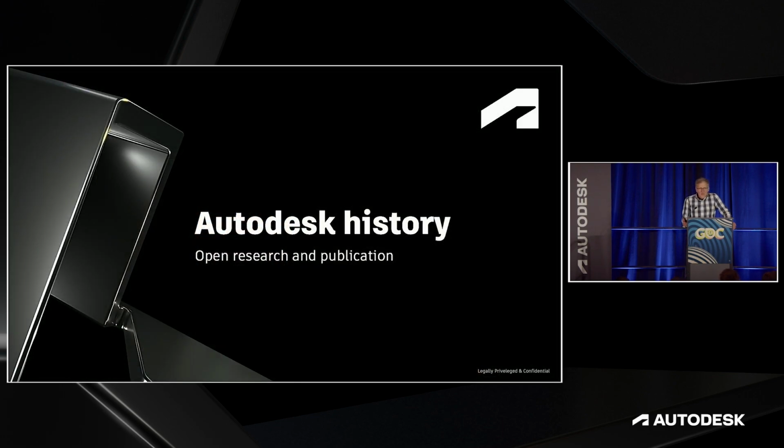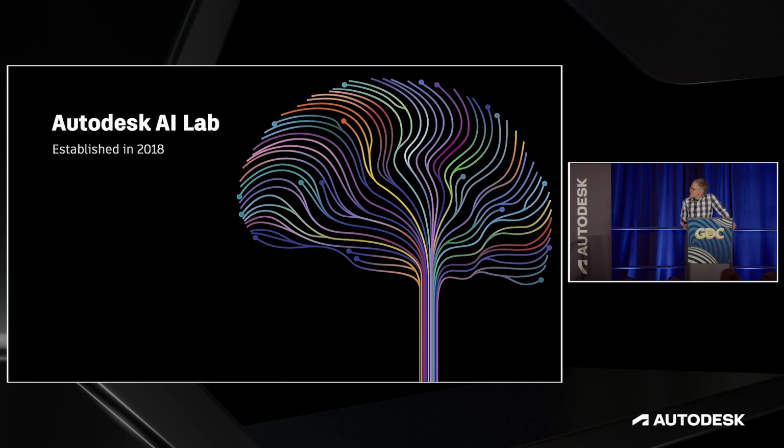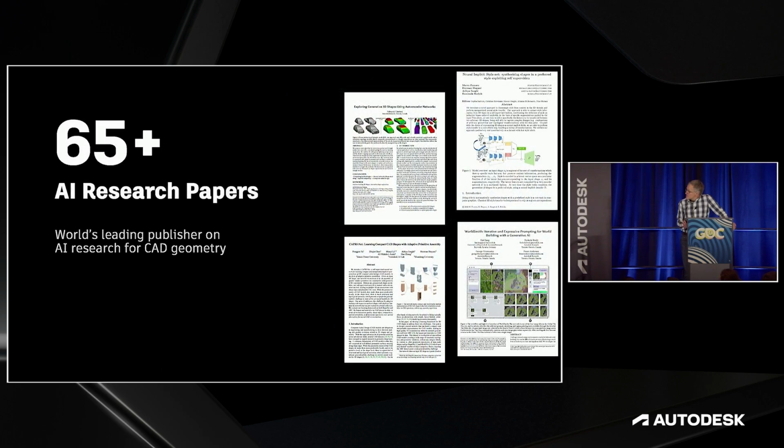So what is going to make these things more useful for us at Autodesk, and that's why I'd like to talk about Autodesk history a little bit, is to create a world and understand the world and measure a world in which AI can do the right things for us. And for those of you who follow Autodesk, we've had an AI lab since 2018, and have worked in the space for an even longer time, since we started writing academic research papers that are peer-reviewed.